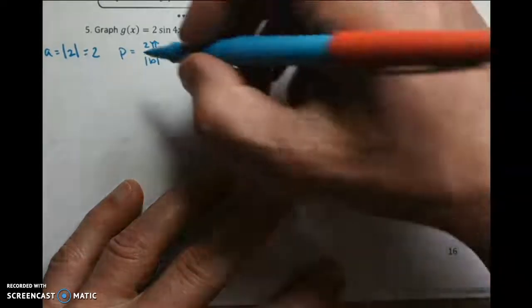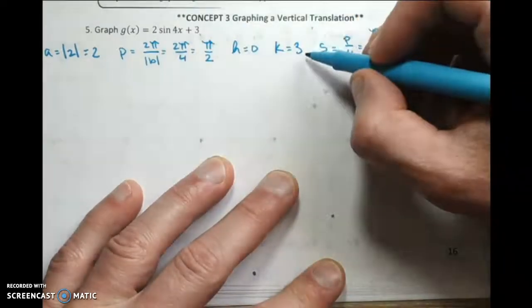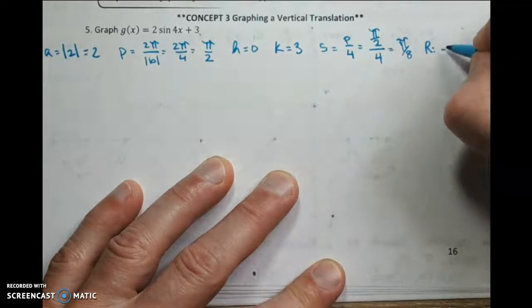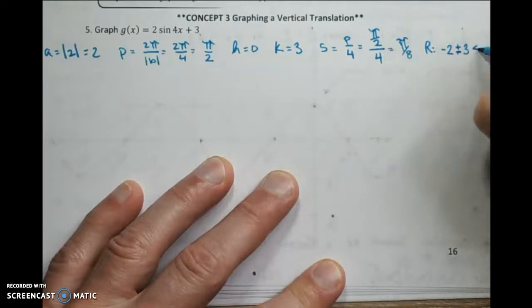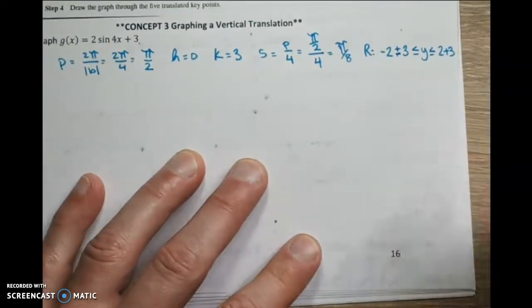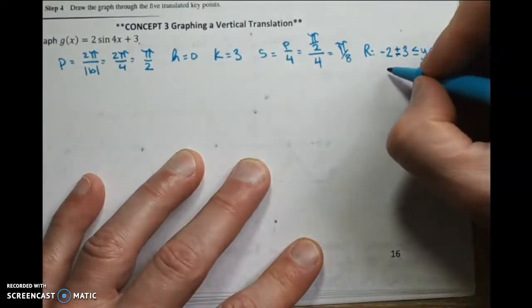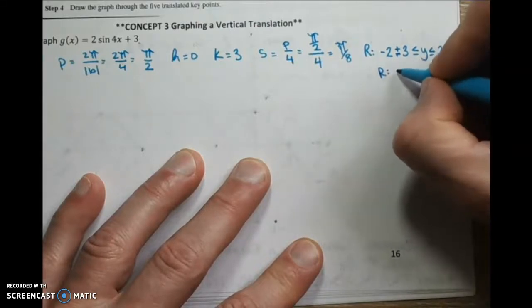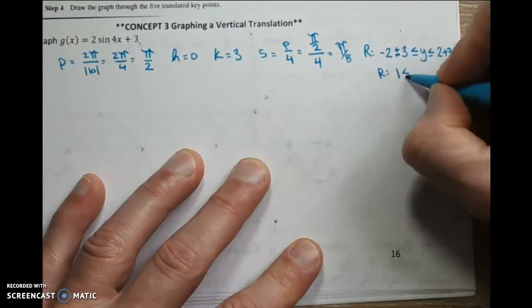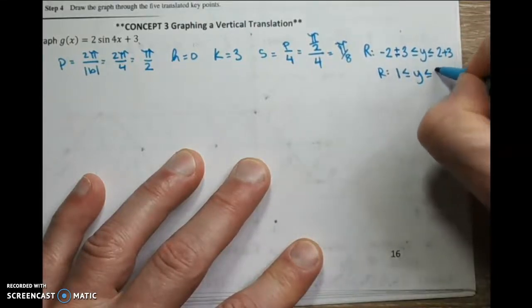So what I'm going to do is basically do the same thing, except I'm going to add the k in there. So it's negative 2 plus 3 is less than or equal to y, which is less than or equal to 2 plus 3. Okay, so this range now is 1 less than or equal to y, which is less than or equal to 5.